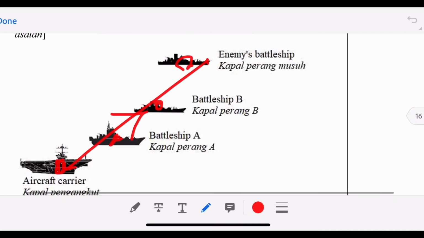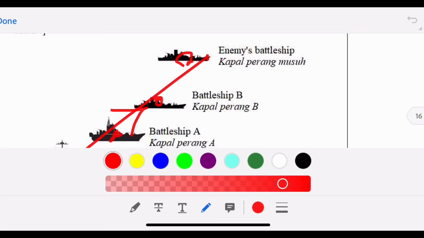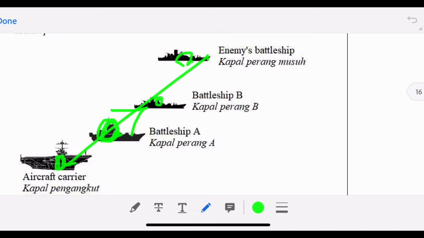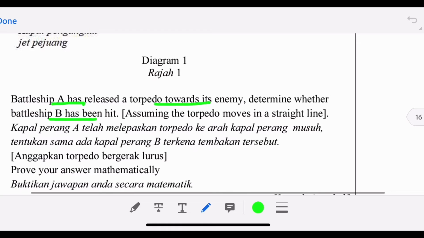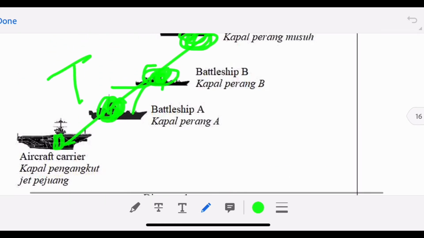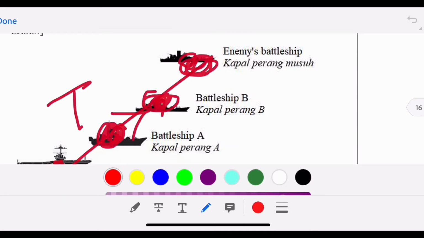So again, we highlight the question. Battleship A has released a torpedo. Let's say the torpedo is at battleship A. So you just focus on battleship A, and you have to start with A to B, right? Because the torpedo starts at battleship A, so that is the place where the torpedo is released. So we have 3 points, right? So we will do the collinear of the vectors. For this HOTS question, you just connect to the concept of collinear.